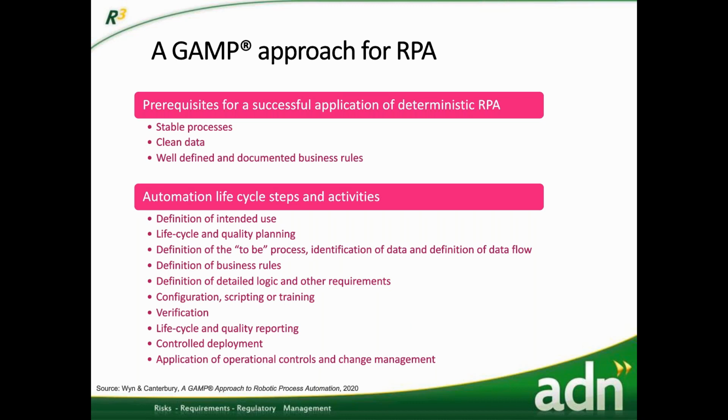All the life cycle of the automation and different steps of activities have to be looked at: the intended use, the planning for the life cycle and the quality, and all the definition of what is expected, what has to be done, and the different logic and the requirements.